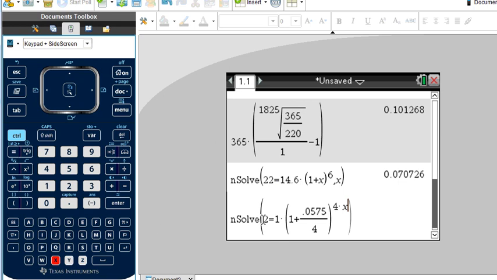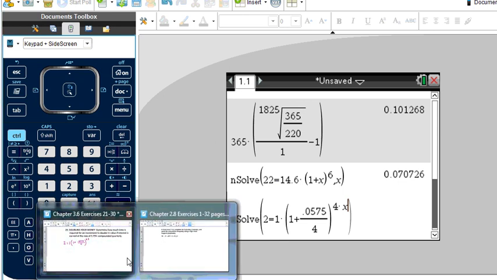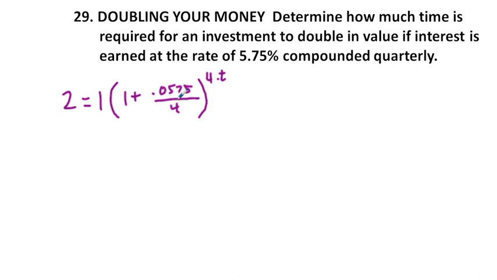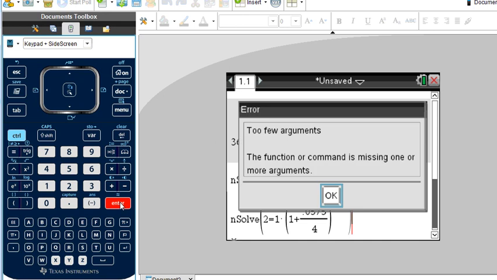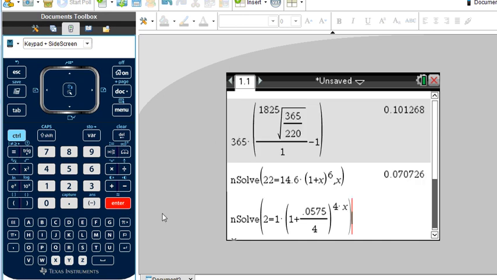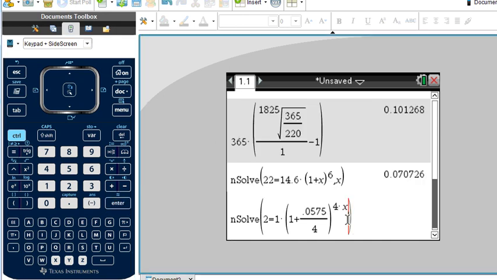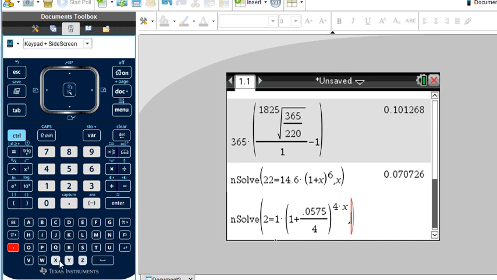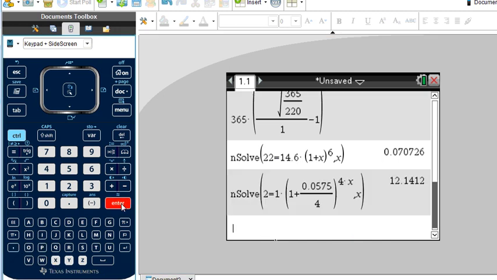Let me make sure everything's in the right place. 4t. Yeah, it should be right. Okay, press enter. And we don't get it because, what did we not do? Didn't press the comma and the X. There we go. And that amount of time is going to be 12.14 years. That's all it's going to take.